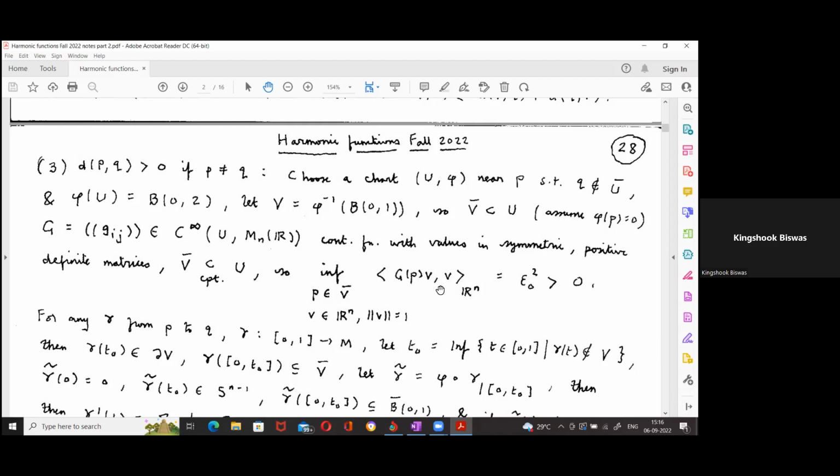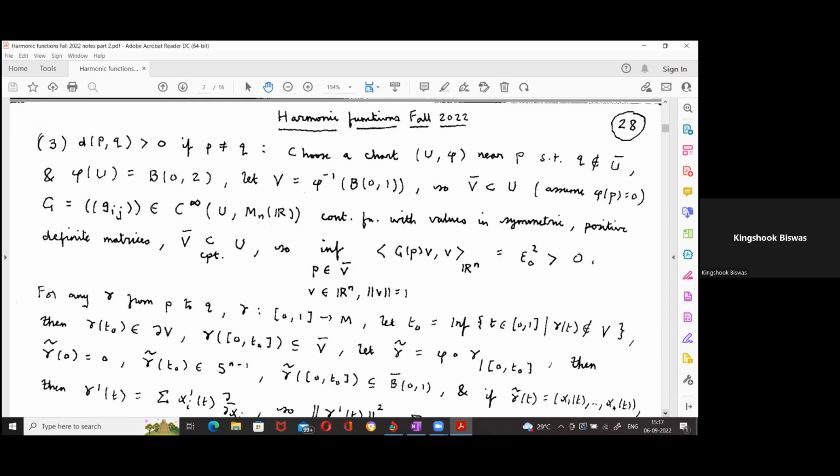So this is a function on a compact set, which is positive everywhere. And so therefore it attains its minimum, which is positive. Let me call the minimum epsilon naught squared. Is that clear? By compactness, this infimum is positive.